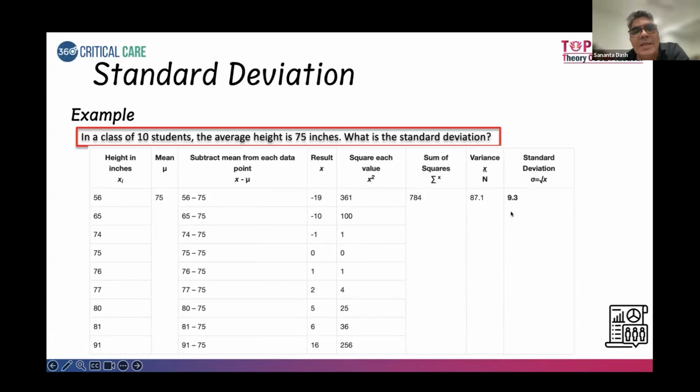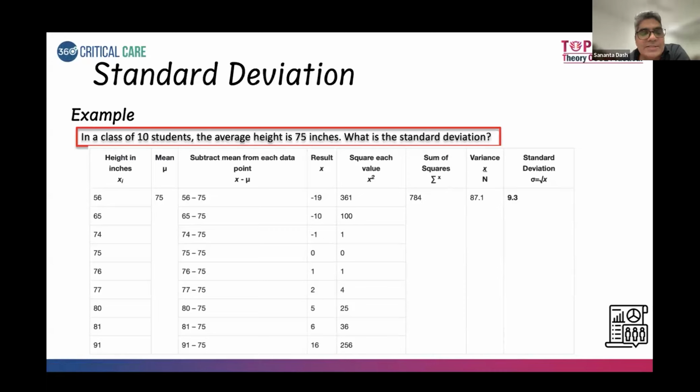That means in one standard deviation, you take it as 9, so you have 75 plus or minus 9. Then there are two standard deviations and three standard deviations. In 2 standard deviations, 95% of the whole population lies in that range. So 75 plus or minus 18.6 is the range where 95% of the subjects will have their height.